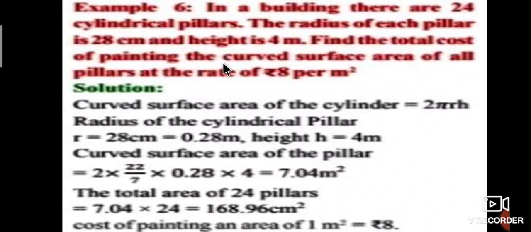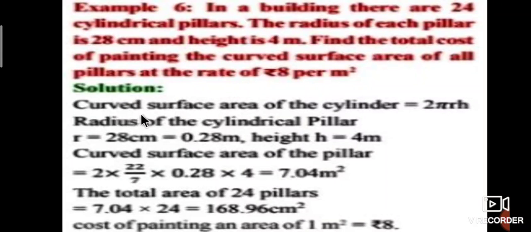Find the total cost of painting the curved surface area of all pillars at the rate of rupees 8 per meter square.